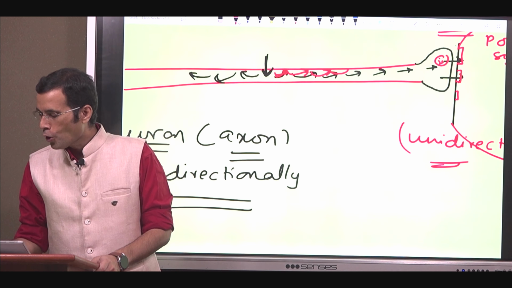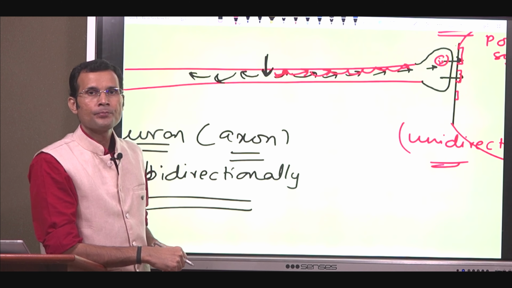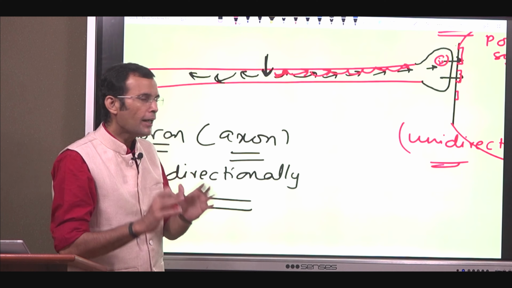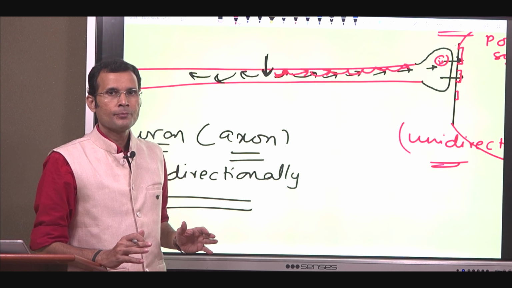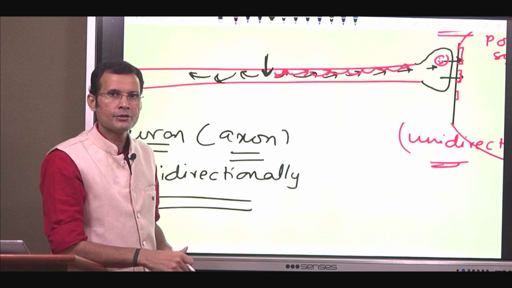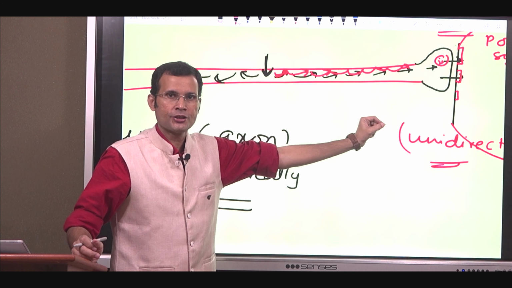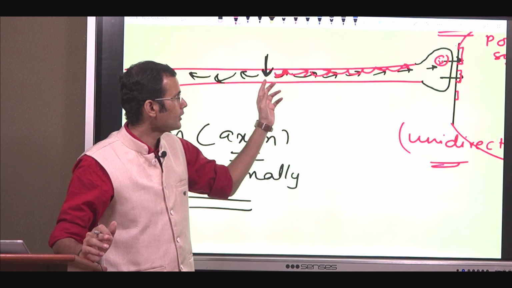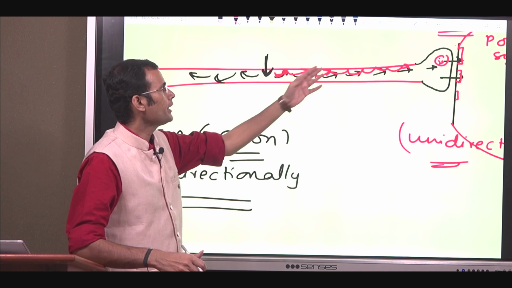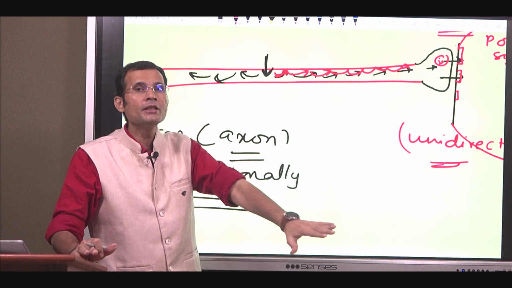It will go on in an onward straight fashion. Okay, so when I said bidirectional, it had a very limited context that it can be conducted in both directions. But once the impulse starts traveling in a certain direction, then it cannot come back. Bidirectional does not mean that way.